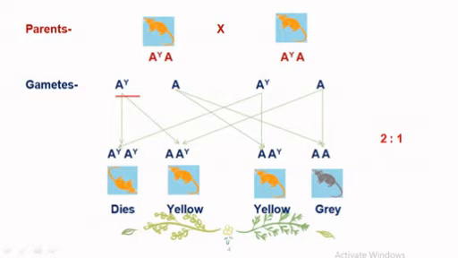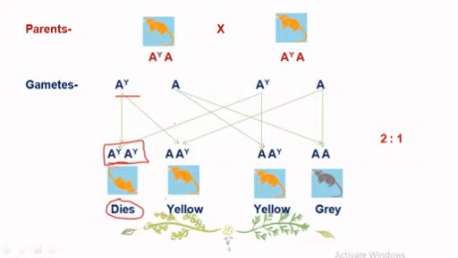It will form a mouse which is yellow in color, but due to homozygosity, both alleles are homozygous, and when they come together the mouse will die. This mouse will die before birth or even after birth.